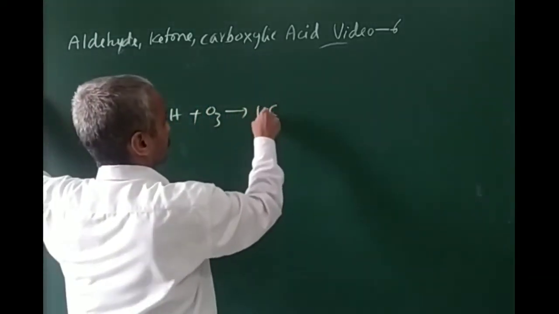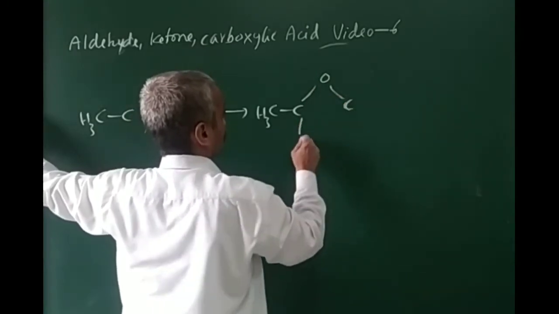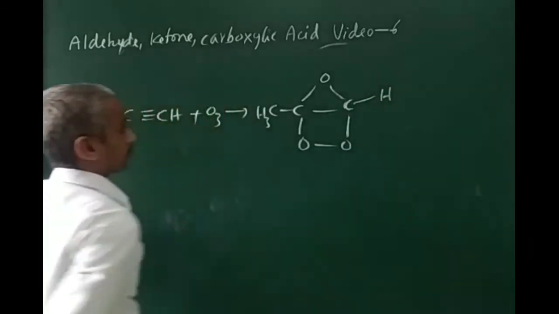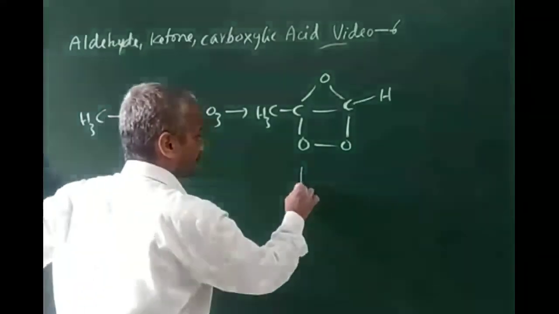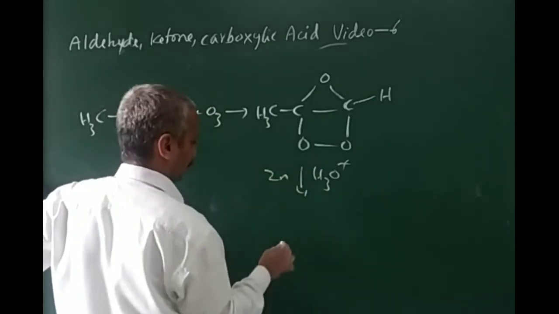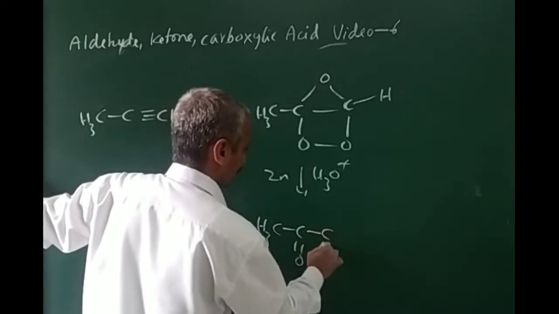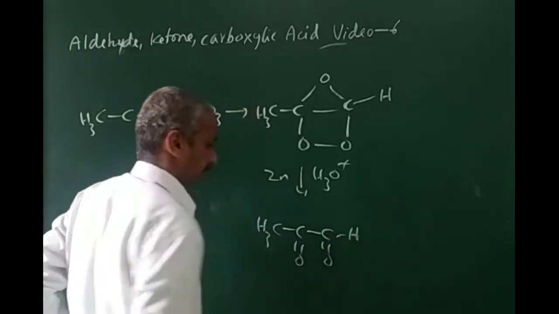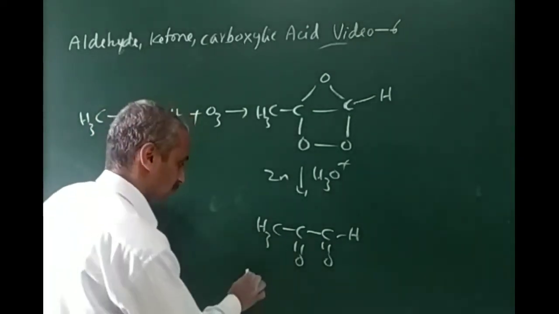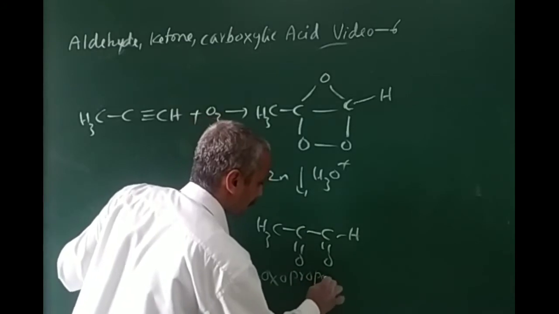I am going to get CH3, C, O, C, O, O, H. Hydrolysis, I am going to get CH3, C double bond O, CHO. 2-oxopropanal.